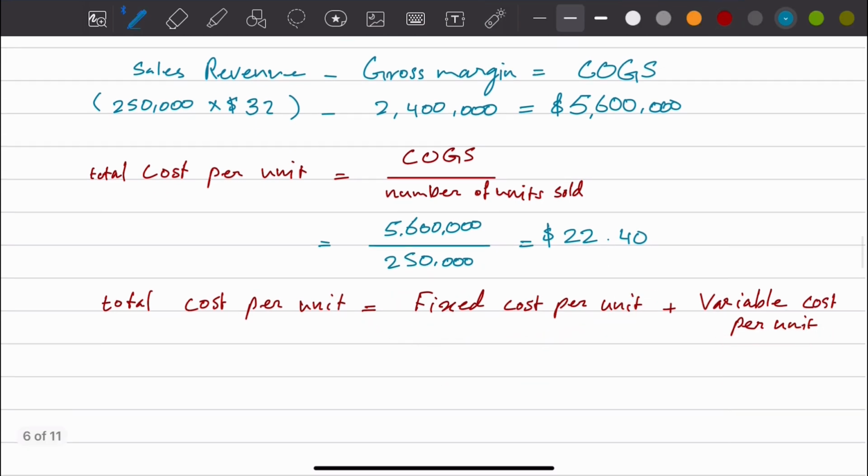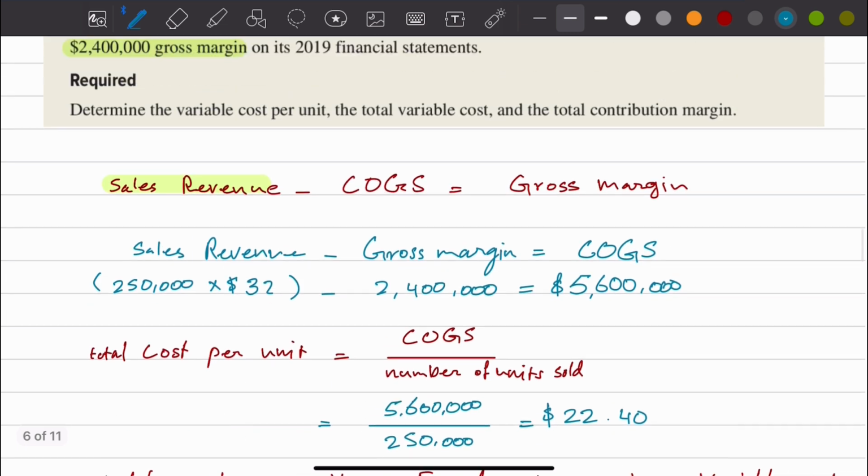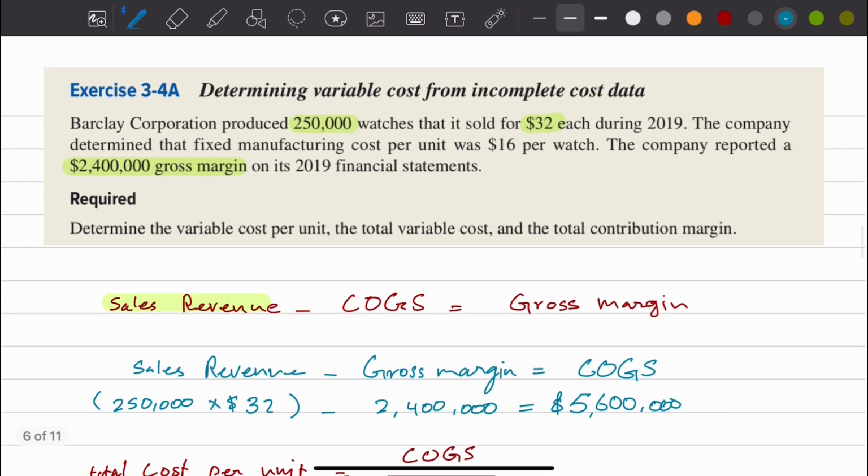So that means the variable cost per unit is going to equal $22.40, which is the total cost per unit, minus the fixed cost per unit given in the question, which was 16, right?